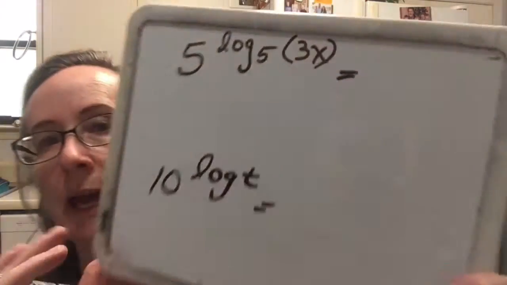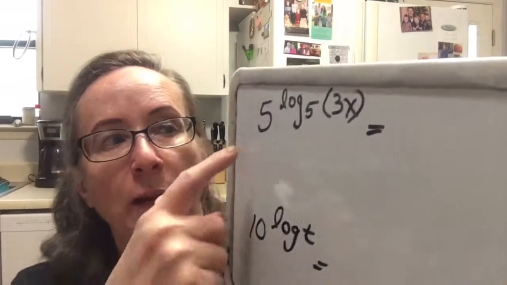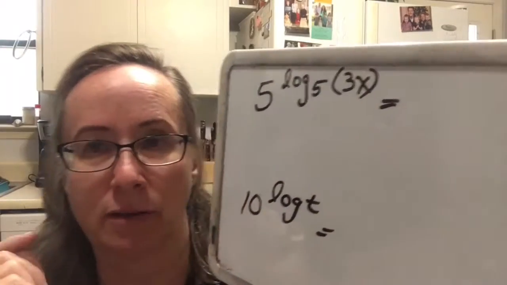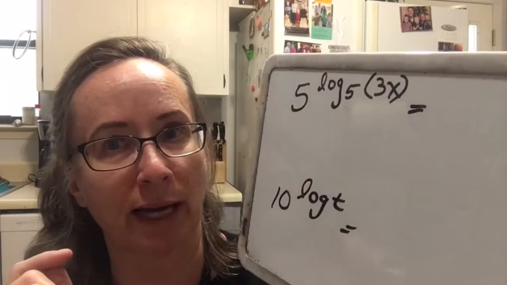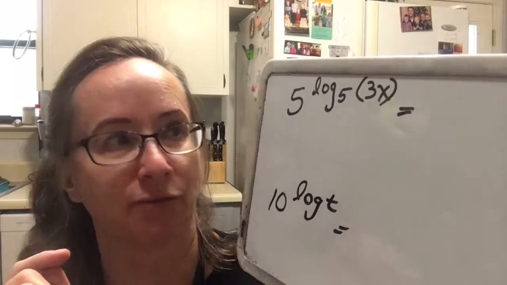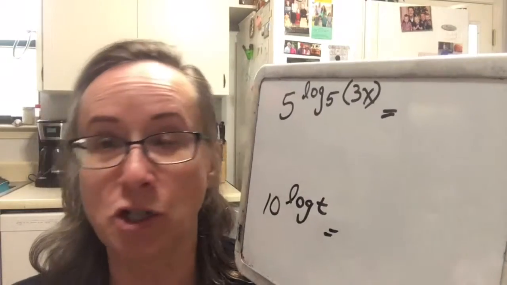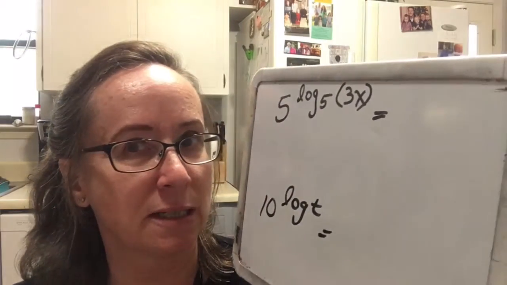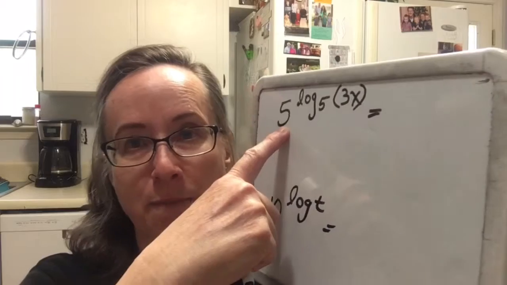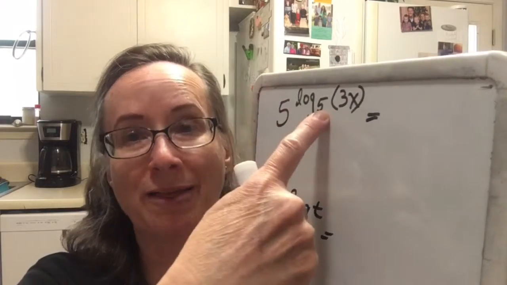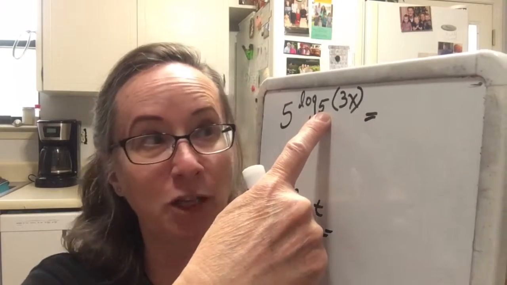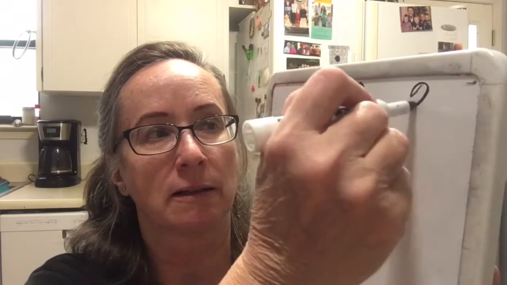Okay, so the last problem here is moving into more properties of logs. Now in the first one, we have a base of 5. And the base of 5 is being raised to the logarithm base 5. Remember that the log is the exponent to which you raise the base to get the argument. Well, you just raise the base 5 to the log base 5, and you will get the argument.